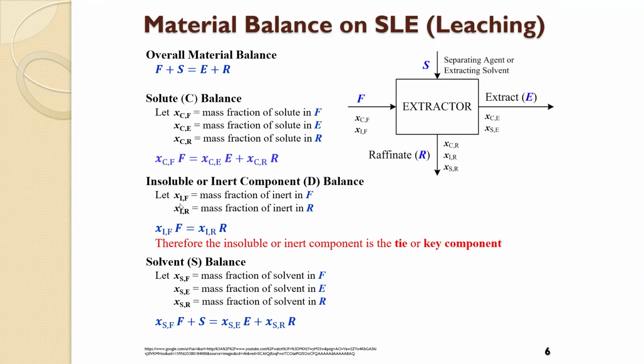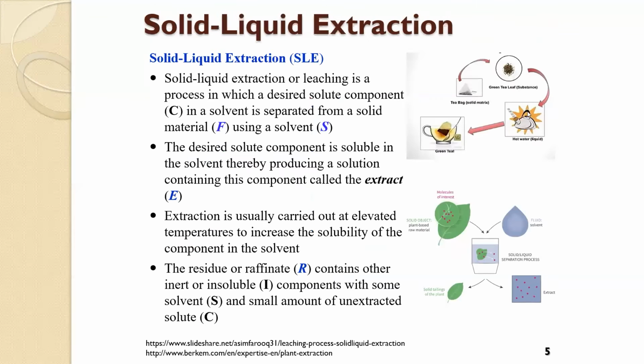So the inert component in the feed times the feed is the inert component in the raffinate times the raffinate. You'll notice that the inert is found in F and R here. It's not found in the extract because the tea leaves that contain the extract, after you steep it in the water, are still left in the bag.